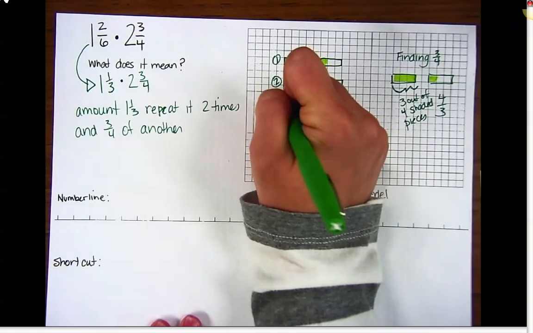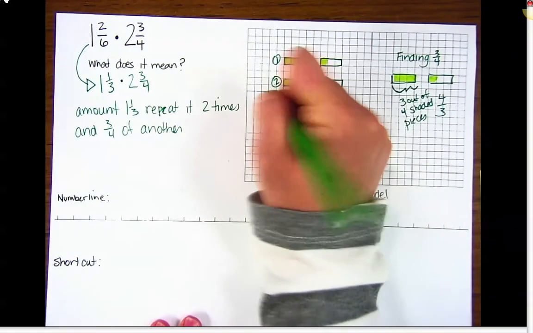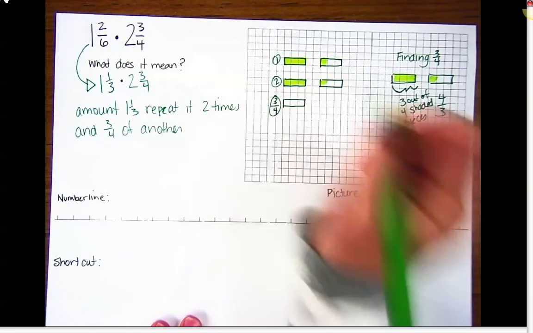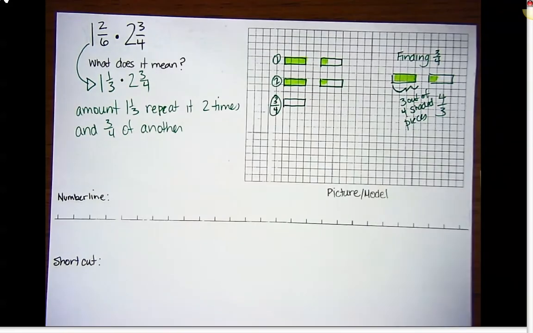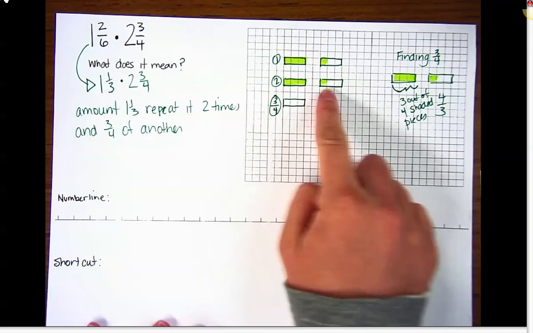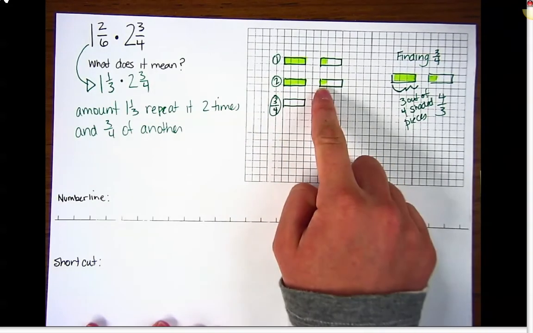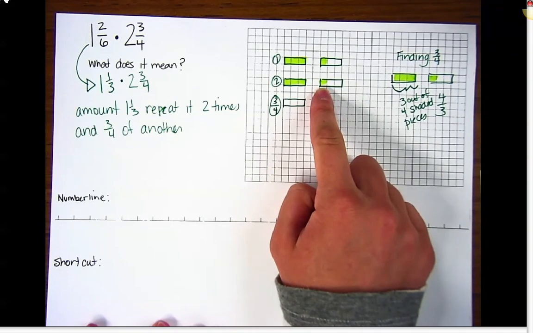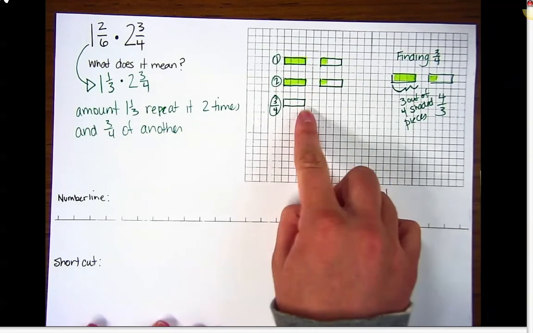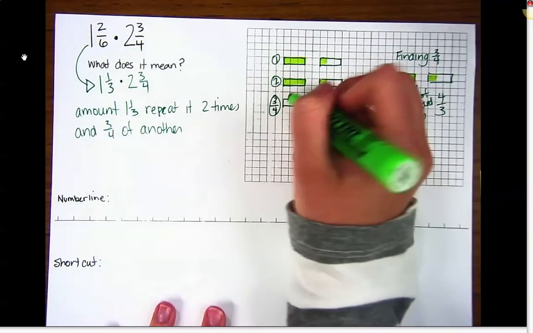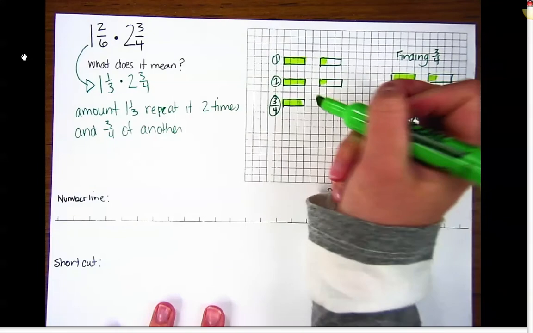So for my 3/4, for that one, I only have to draw 1 whole piece. Again, it is 3/4 of the shaded region. It just so happened that I had 4 pieces in my shaded region, so therefore I have 3 of them that are being colored in.